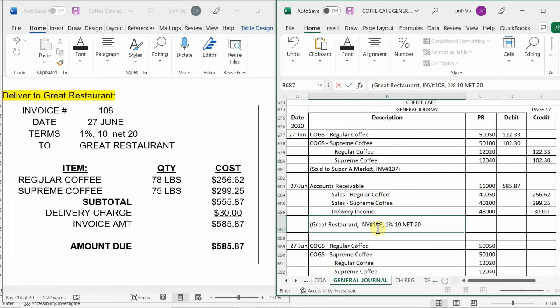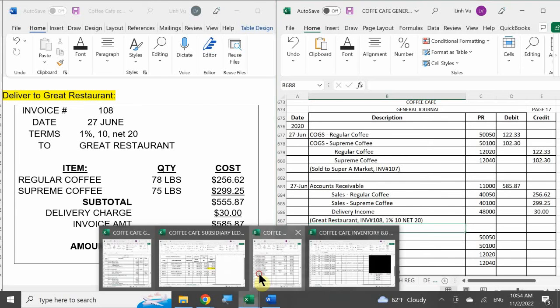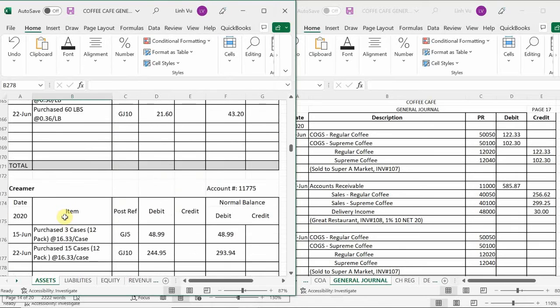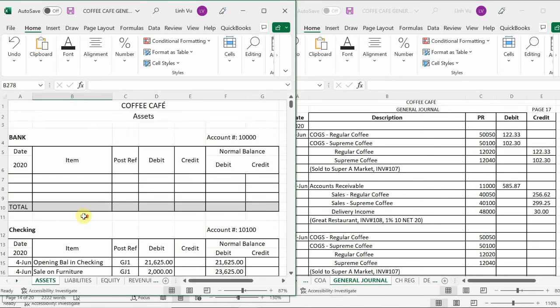Yep. Okay. So, let's update the ledger. Okay. So Great Restaurant owes us more money. Yay.